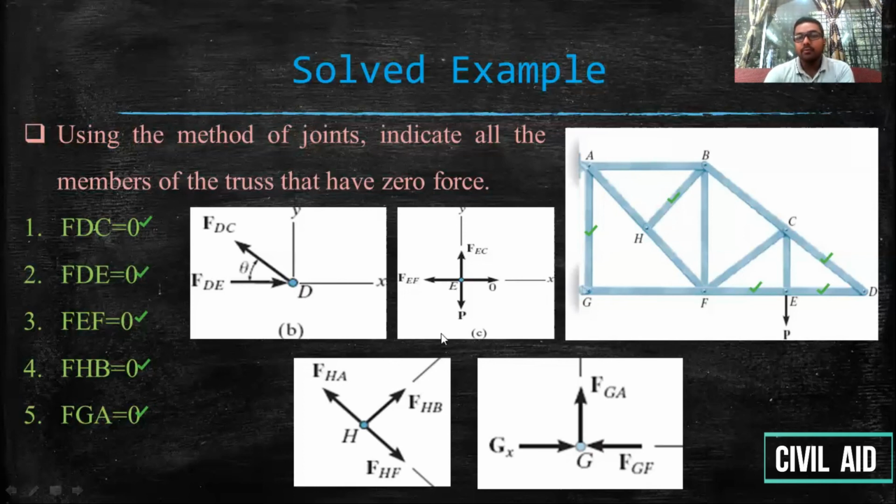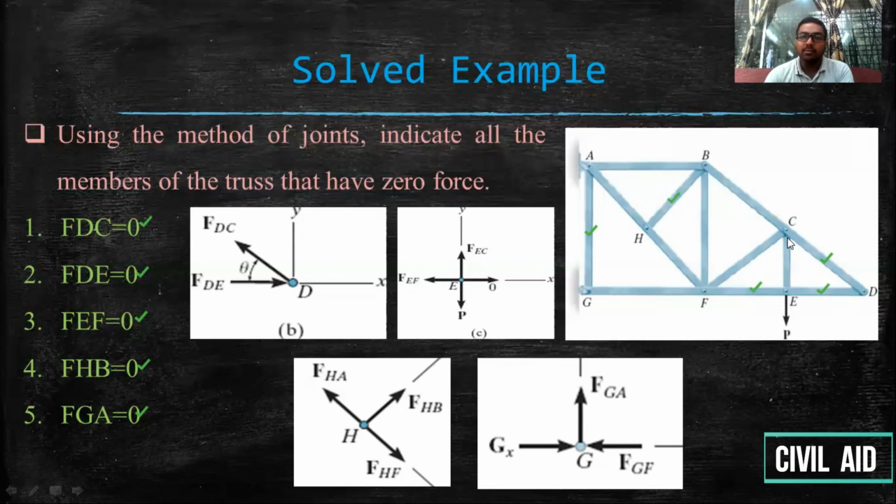As we can see in this truss, 1, 2, 3, 4, 5, 6, 7, 8, 9, 10, 11, 12. Out of 12 members, we have already found that 5 members are zero force members, even before going to the mathematical calculations.